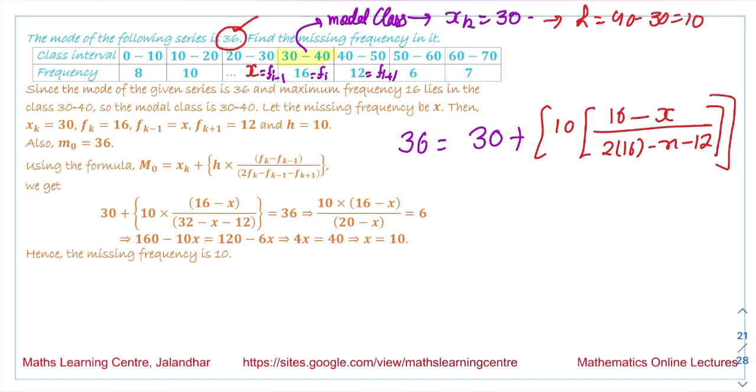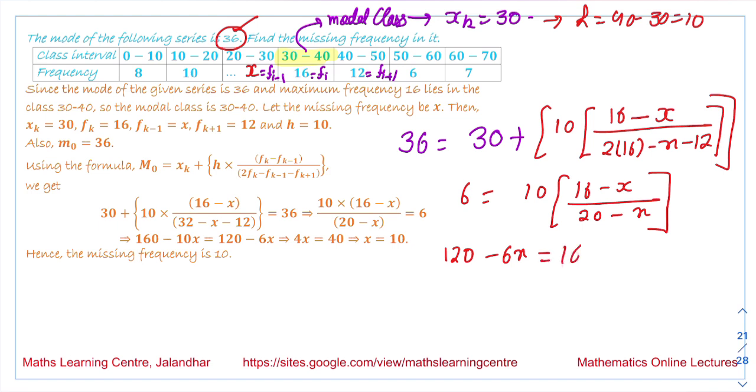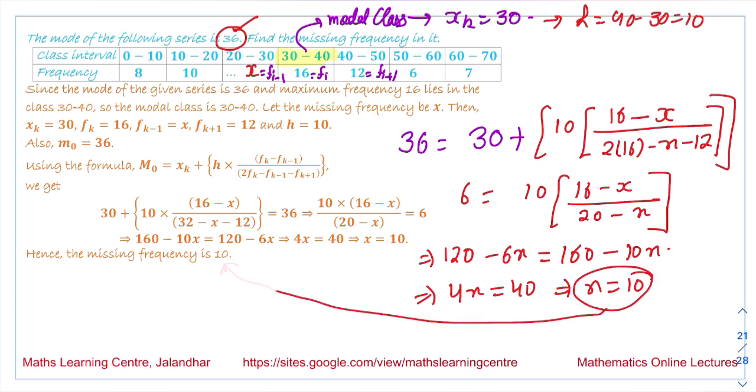If we subtract 30 from both sides, we get 6 equals 10 into 16 minus x over 20 minus x. Cross multiplying, we get 120 minus 6x equals 160 minus 10x. This gives us 4x equals 40, or x equals 10. So the missing frequency is equal to 10.